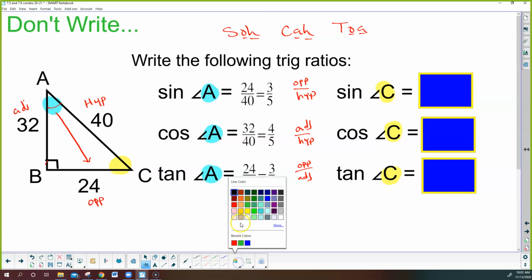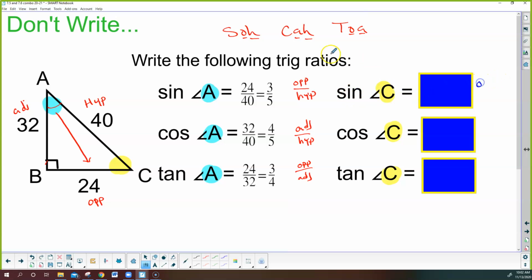So let's take a look at this. What if I change, let's use blue, what if I change my thinking? Now, what happens? I want the sine of angle C. Well, sine is the opposite over hypotenuse. But I changed my reference angle, which means now we have to focus on the color.